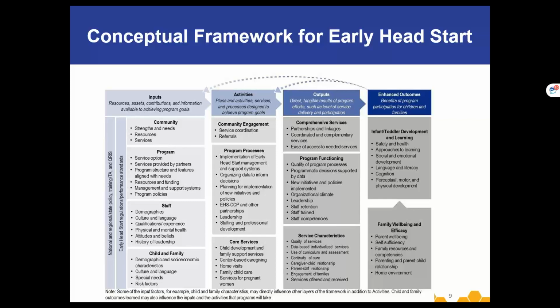The conceptual framework shows how and why program services are expected to lead to positive outcomes for infant toddlers and their families. The framework shows the pathways from Early Head Start program inputs at all the levels on the left side to activities, including community engagement, program processes, and core services, to outputs, including comprehensive services from the community, program functioning, and quality services offered to and received by families.